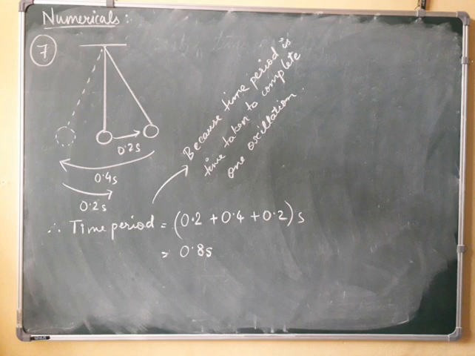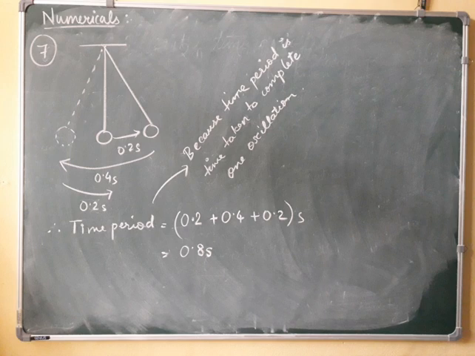Time period is when it goes from the mean position to one end, to the extreme other end, and then comes back to the mean position. That is only one full oscillation. So if from mean position to extreme end is 0.2 seconds, then from one extreme end to the other extreme end is 0.4 seconds, then from there when it comes back to the mean position is 0.2 seconds.